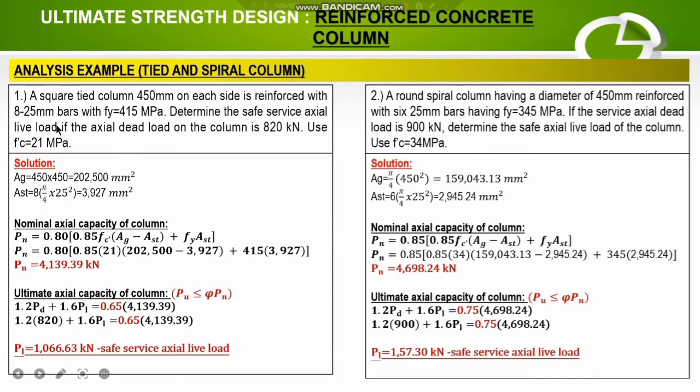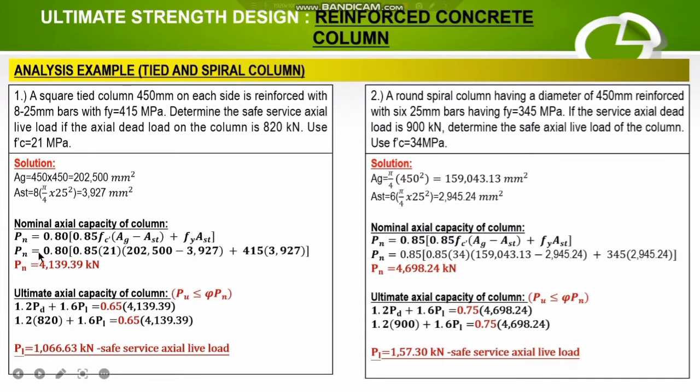In order to solve the problem, let us first solve the nominal axial capacity of the column. Pn, the nominal axial capacity of the column, is equal to 0.80 times the quantity of 0.85 fc prime times the quantity Ag minus Ast, plus fy Ast. We use 0.80 since it is a square tied column.